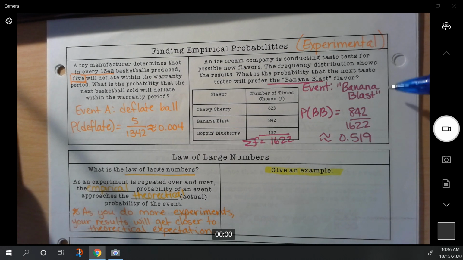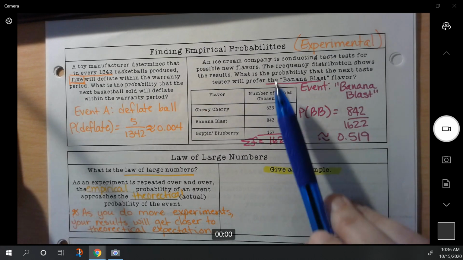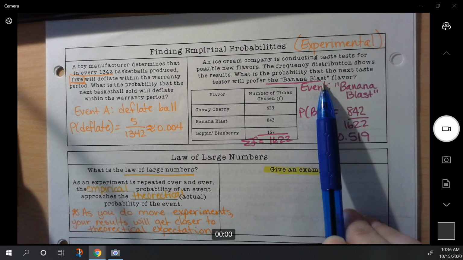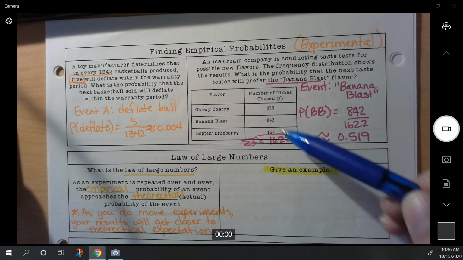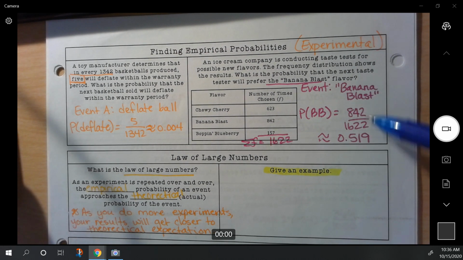So we have an example of an ice cream company, and they are testing new flavors. And the tester will prefer the Banana Blast. So we take Banana Blast out of the total number of people that they did in the past already. And 51%, 52% will want Banana Blast. These examples are real world situations.